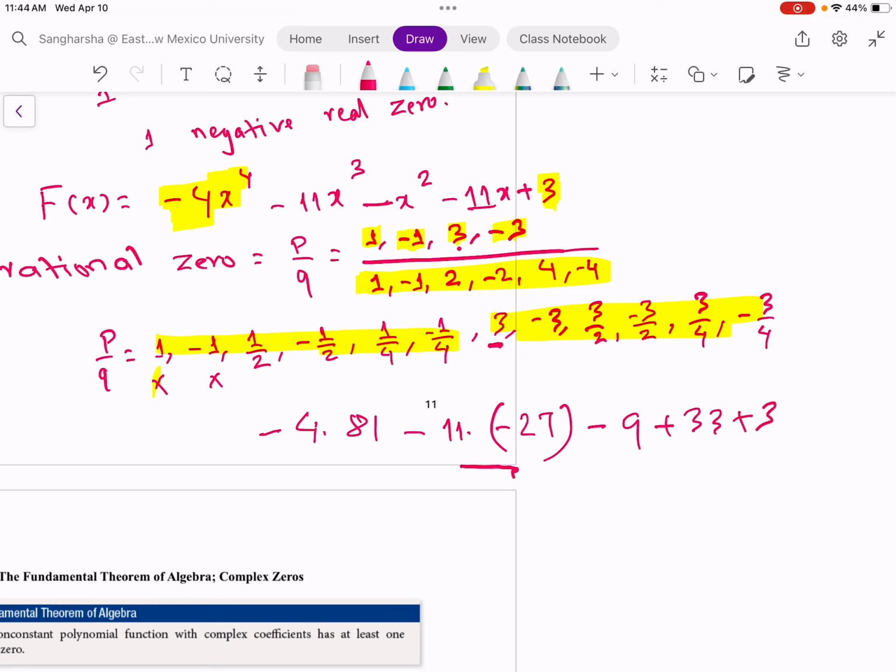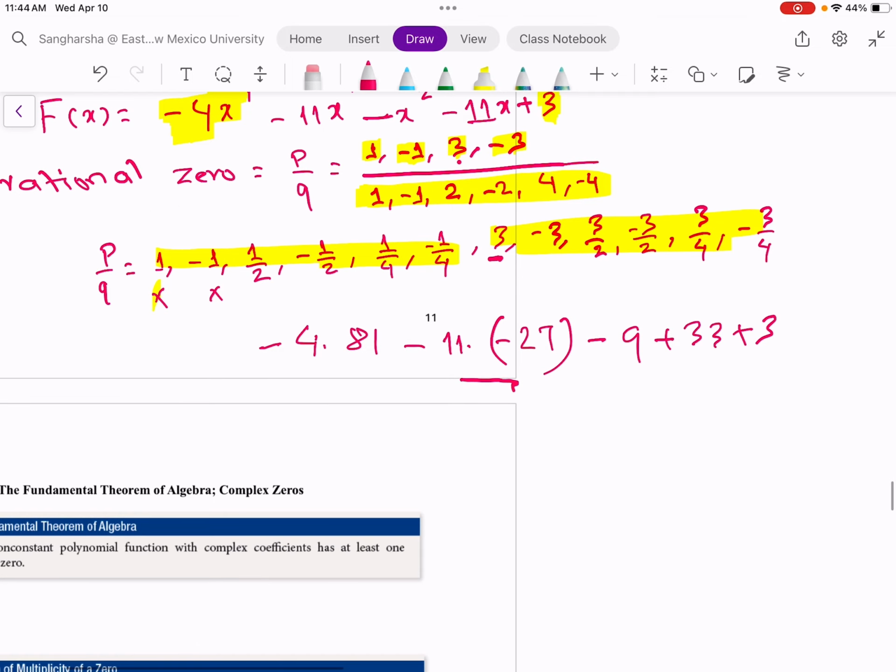Okay, this looks okay. Let's try this one, so we might get. Negative 4 times 81 is negative 324. Now this is positive. Can anyone help me here? 11 times 27. Did I hear 300? 297. Okay, thank you.